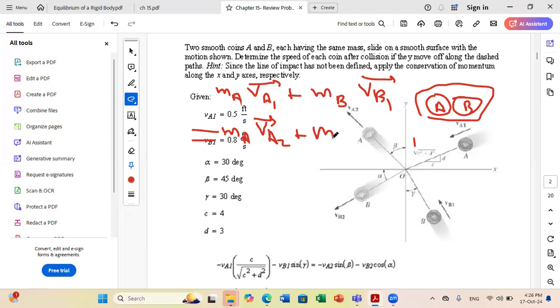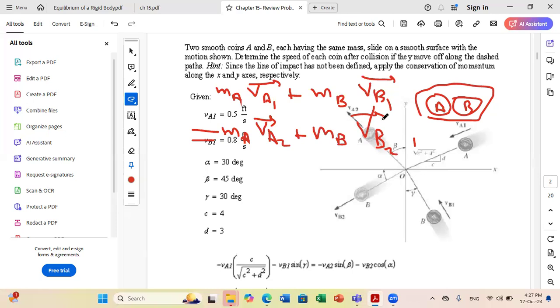And this vectorial equation can be decomposed into 2 relations, one in x and one in y. So this will be my 2 equations. I can apply conservation of linear momentum in x and in y. All I have to do is to project my velocities.